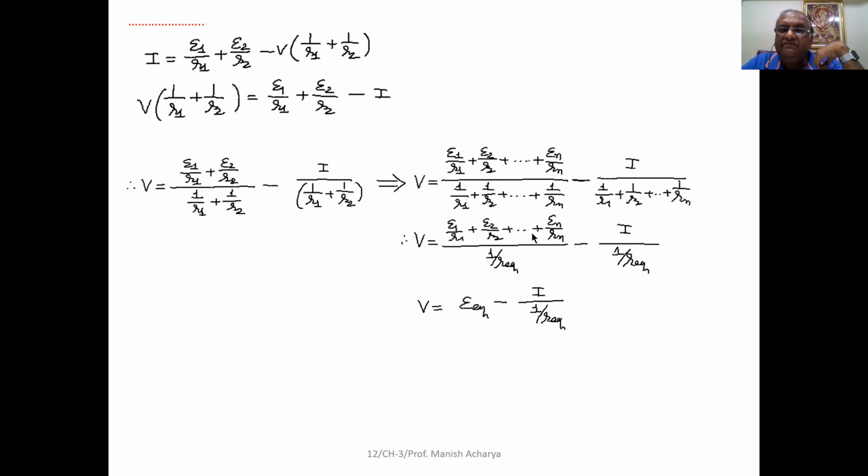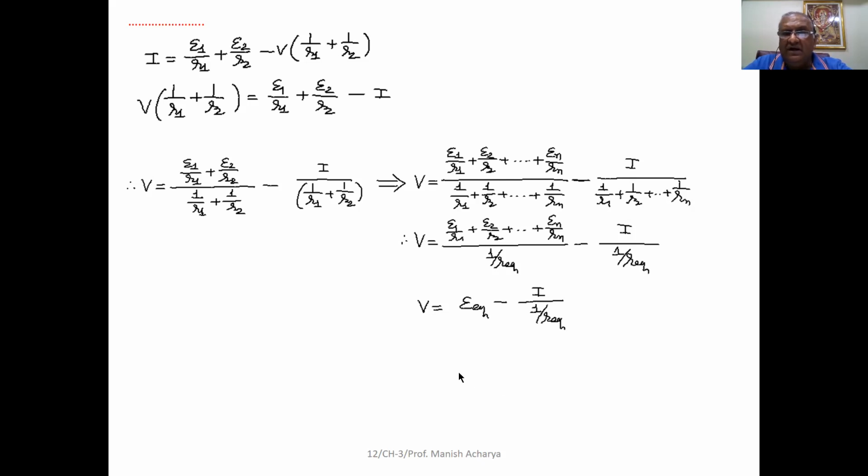But we know this thing. When we take cells in parallel, at that time their internal resistances are also in parallel. And for parallel combination of resistances, we know the equation. This 1 upon R1 plus 1 upon R2 up to 1 upon Rn, we can say it is 1 upon R equivalent. And this one is also 1 upon R equivalent. Clear?